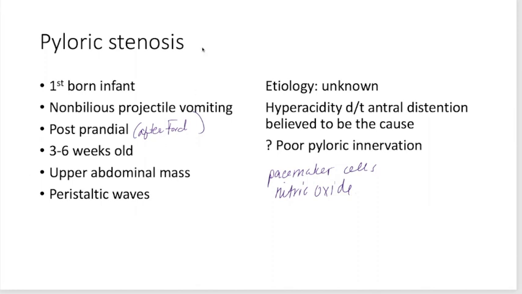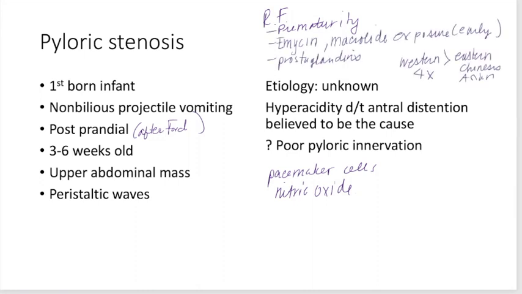Risk factors that they believe contribute are prematurity, early exposure to erythromycin, prostaglandins, maternal exposure to macrolides, and then there is a geographic and ethnic background situation. Location: Western populations, Western heritage, is 4 times more likely to develop it than Chinese or Eastern cultures and ethnicity.